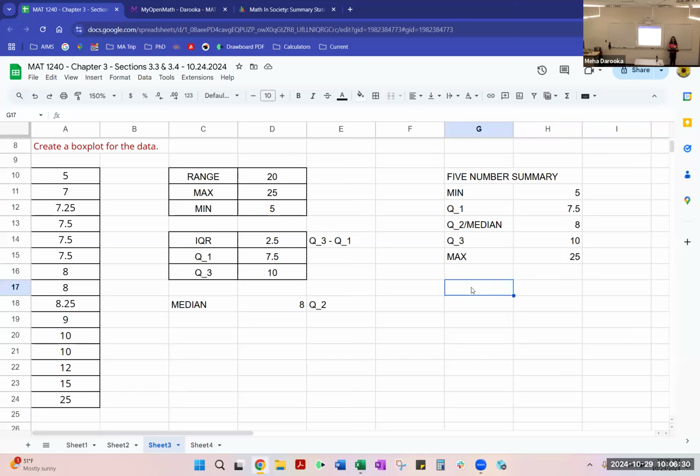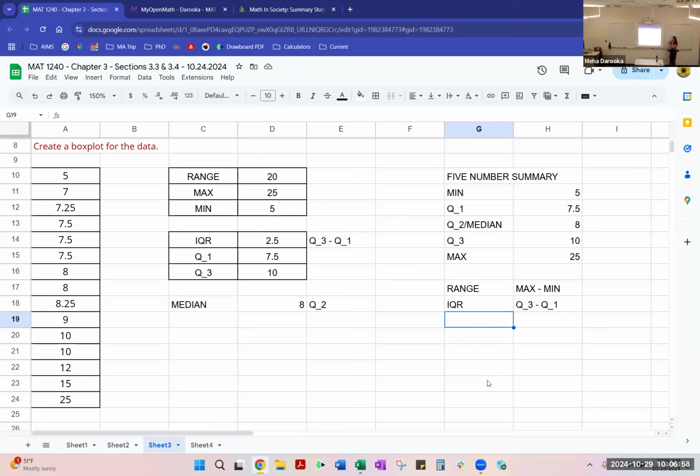So you can do the 5-number summary to start out with, and then you can say, okay, I know my range is going to be the maximum minus the minimum, and then I know my interquartile range is going to be quartile 3 minus quartile 1, right?